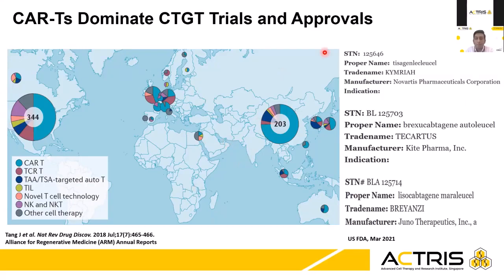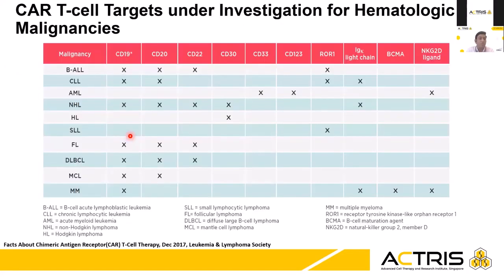Some of the very prominent CAR T cells that have been approved, for example by the FDA, include Kymriah, as well as various other products that again target B-cell diseases. Amongst the various cell therapy trials taking place, CAR T cells really dominate the majority of the trials, and that has been an area of steep growth over the past few years.